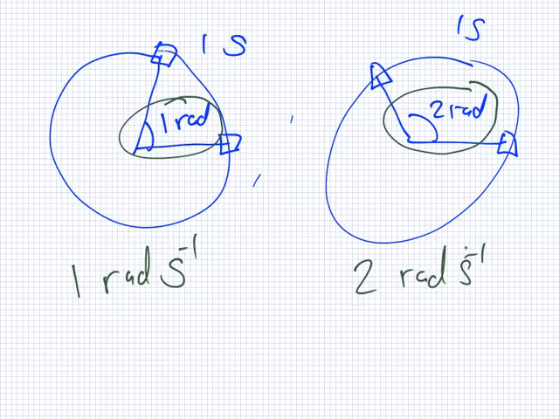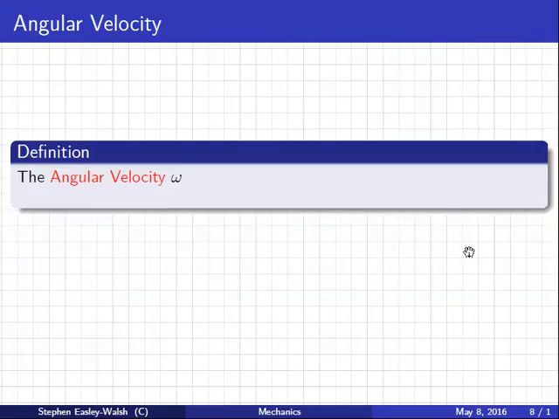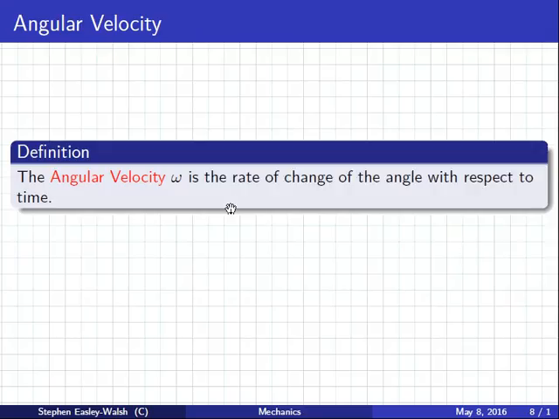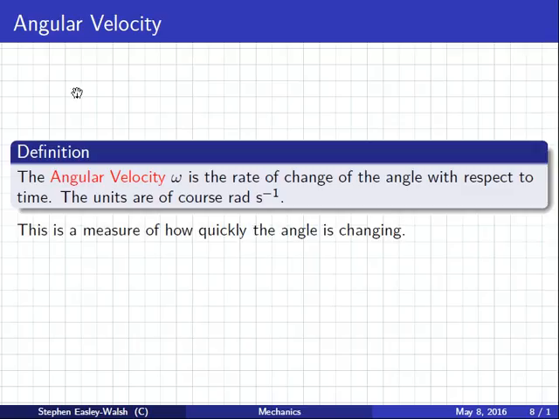This is called the angular velocity, omega. The angular velocity, omega, is the change in the angle with respect to time. And the units are, of course, radians per second.